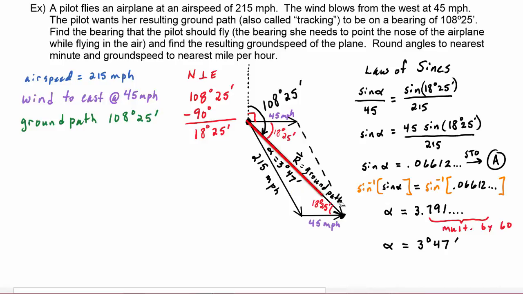Now we have to find the magnitude of the ground speed here on the resultant. So that means we are going to need to know its opposite angle in here, this angle. And we can use the triangle sum theorem to get there.